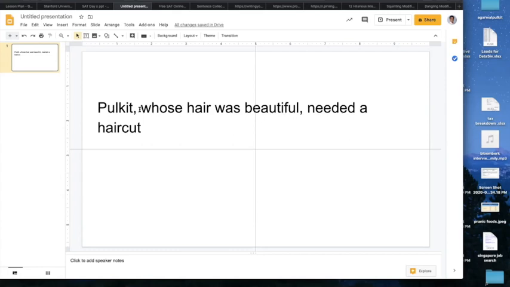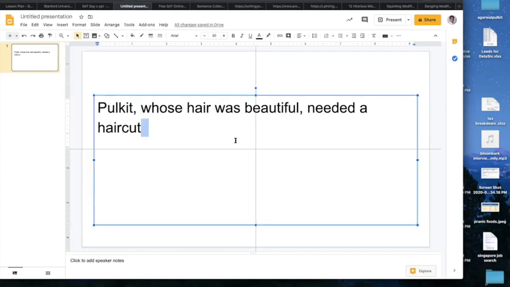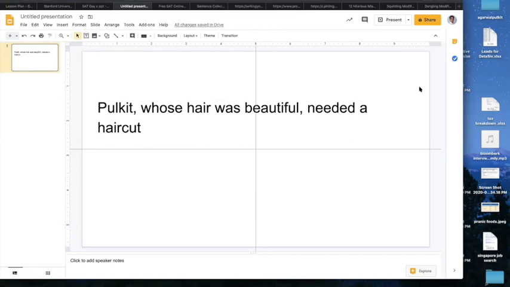Okay, let's see. What do we have here? Okay, what's the rule? Can you type in the rule? What is the rule here? Which rule is this? Not comma splice. Nope. What's the rule? We did a rule today.